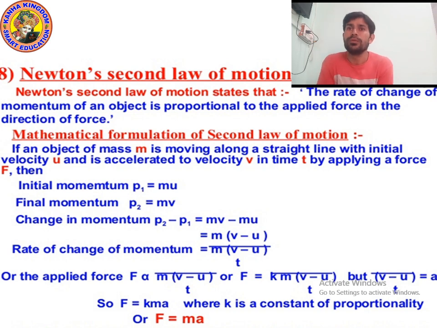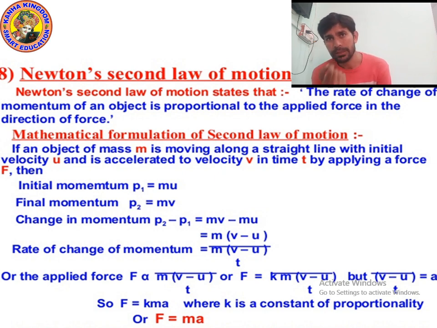So we will write k, k is a constant of proportionality whose value is 1. And now the formula will become F is equal to k m into (v minus u) in the bracket divided by t.